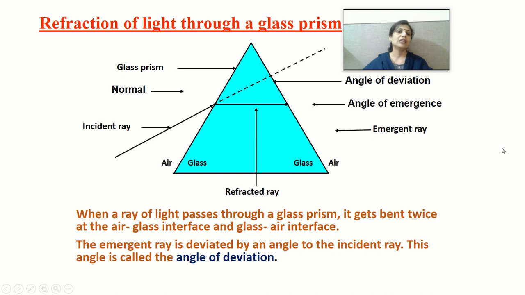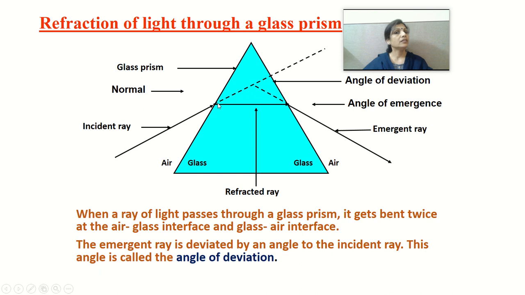So now the light will travel like this when it comes out from the glass to the air medium. This ray of light is called the emergent ray. Now if I extend this emergent ray in the backward direction, you will observe that the incident ray and the emergent ray intersect each other at this point and form one angle.